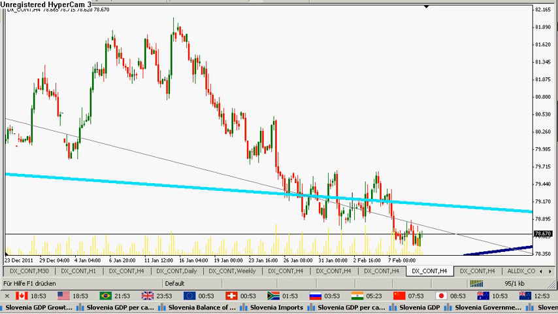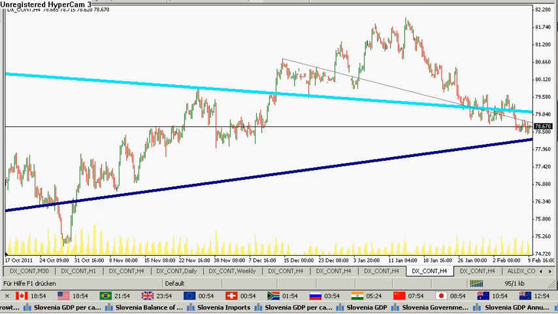So it's very interesting, but zoom a little bit because we don't see all the lines here. Yes, we see here the 4-hour. We are trading here under this line, under this trend. We'll fall back even on Monday or Tuesday.